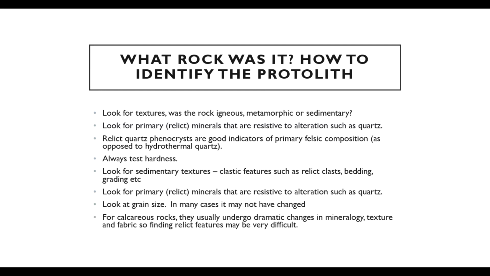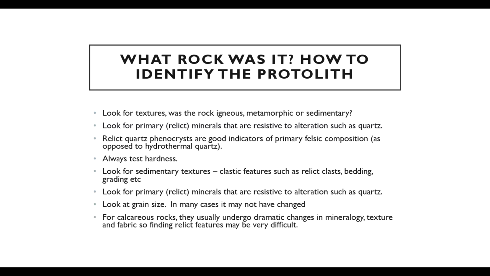Look for textures. What does the texture mimic? What might a granite look like? Is it porphyritic? Is it bedded? Metamorphic rocks can be challenging, but you might see very coarse metamorphic crystals that are foliated and overprinted. Try and find if there's any original mineral still there. Is there quartz? Has it been introduced, or is it original?